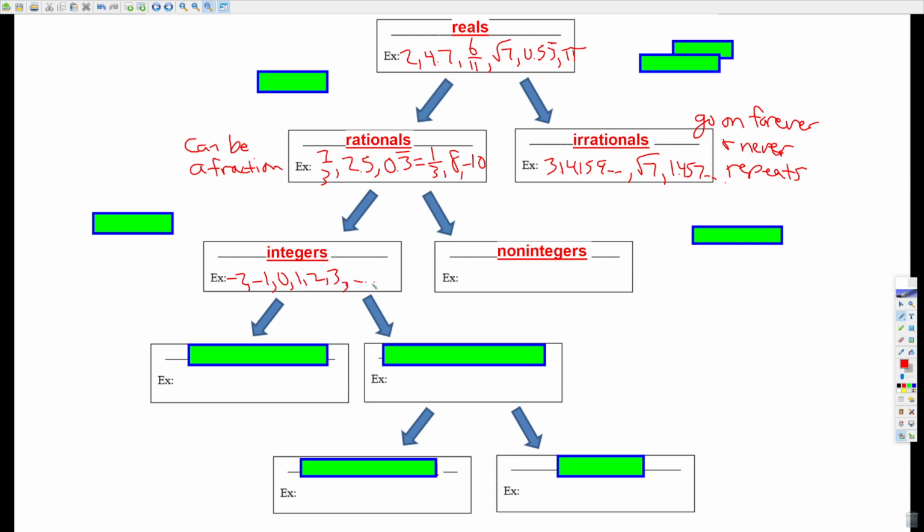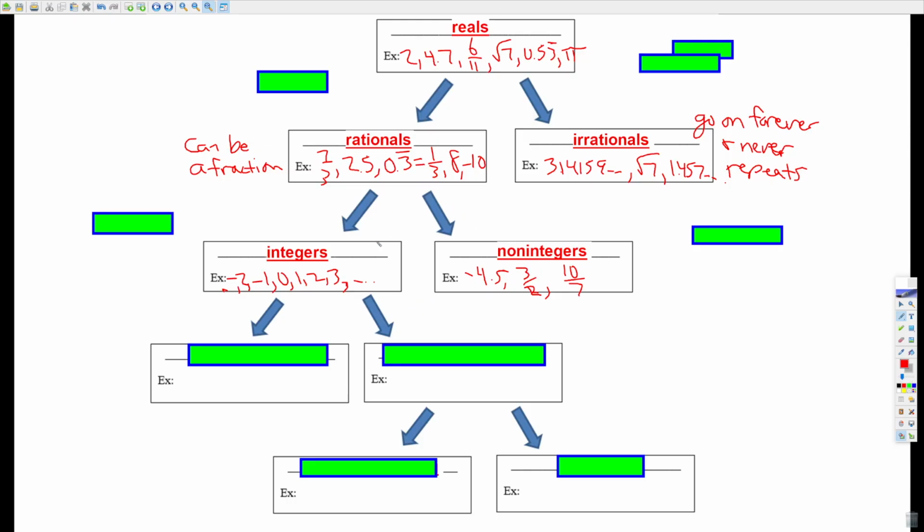We can put dots, ... on both sides. Non-integers would be the numbers in between. You would think of it as like your decimals. So like -4.5 and 3/2, just things like that. Mostly decimals and fractions. 10 over 7.